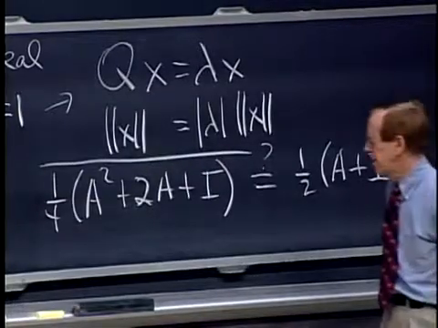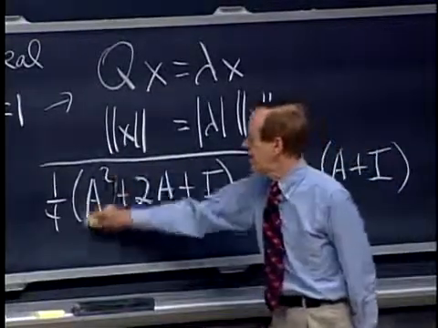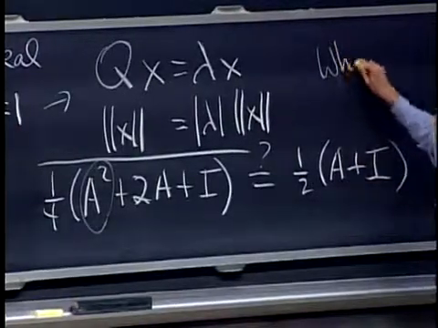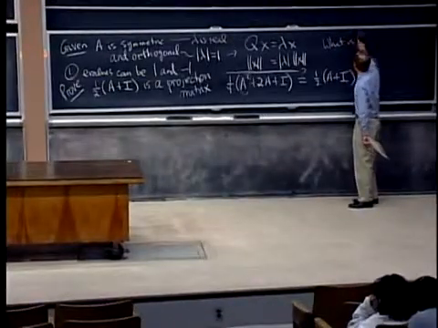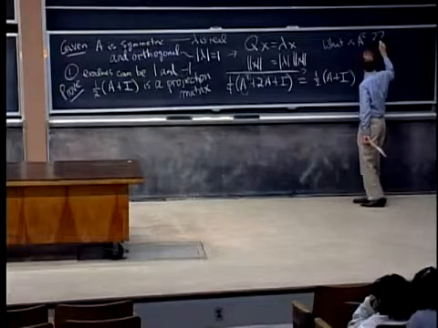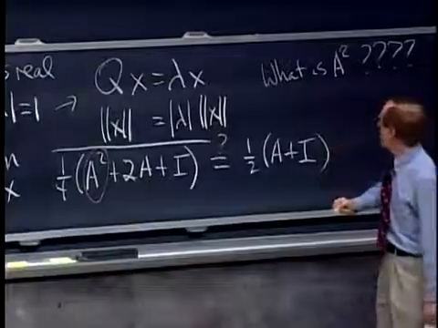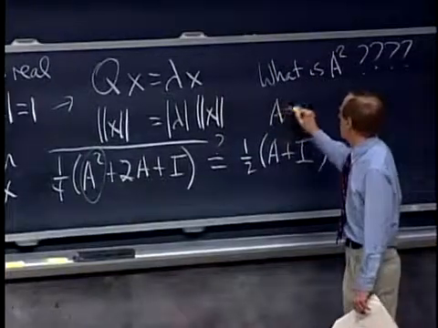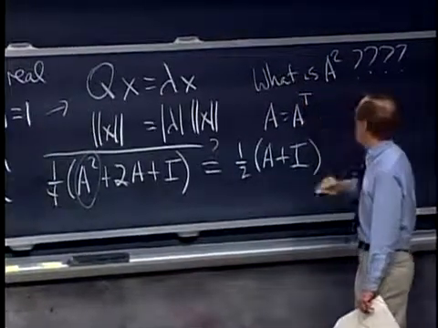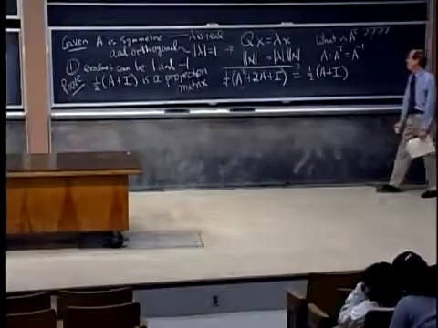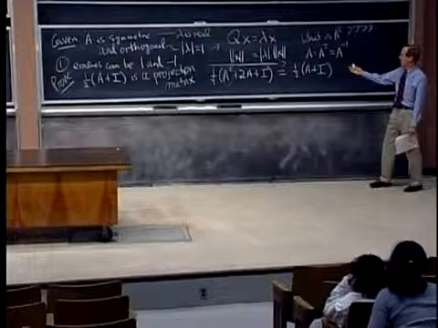I guess I'd like to know something about A squared. What is A squared? That's our problem. A is symmetric and orthogonal. This is what we're given, right?